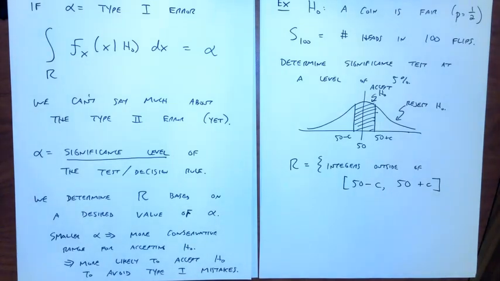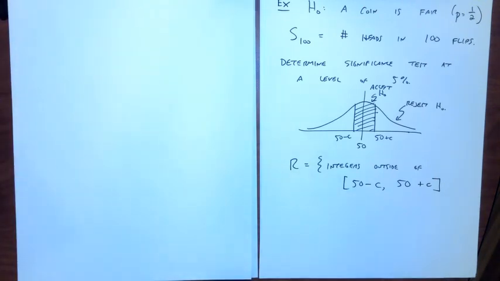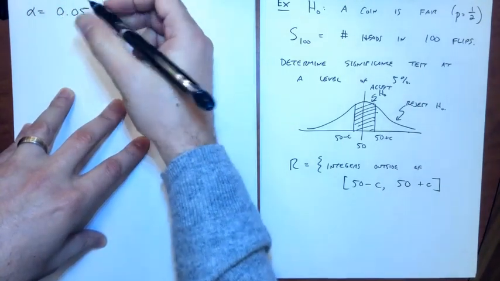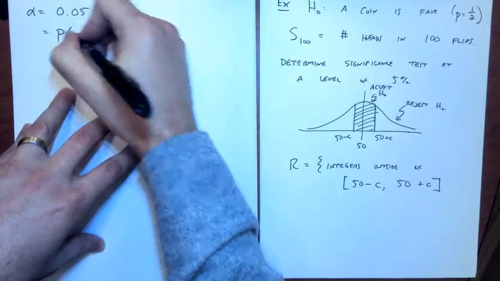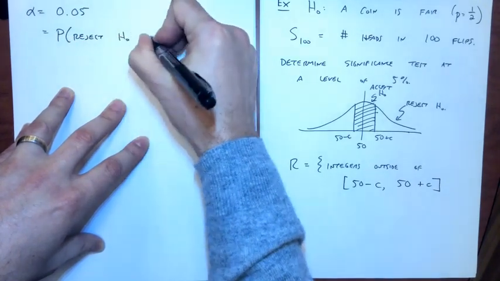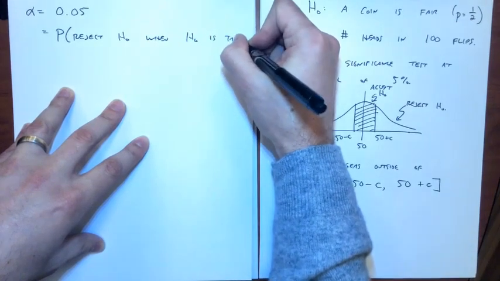And now let's solve the problem. Here my alpha is 5%, 0.05, and this is the probability that I reject the null hypothesis when H0 is true.